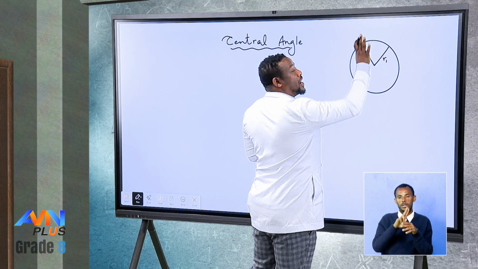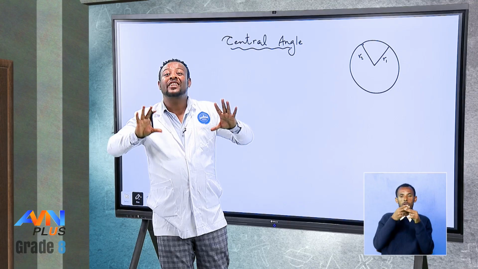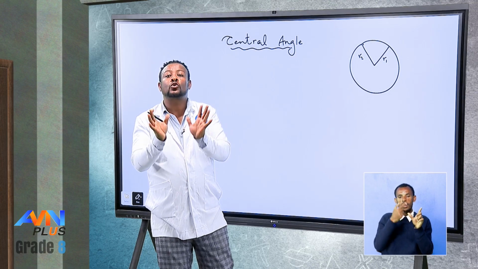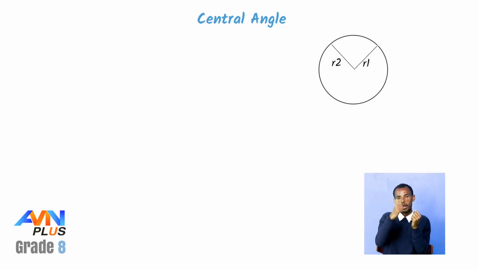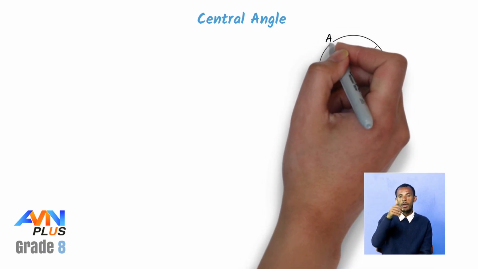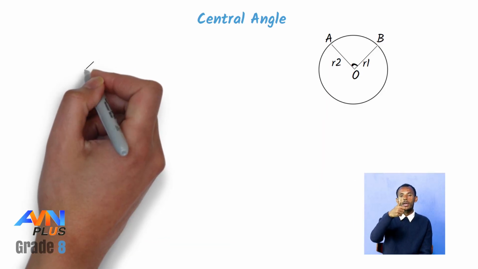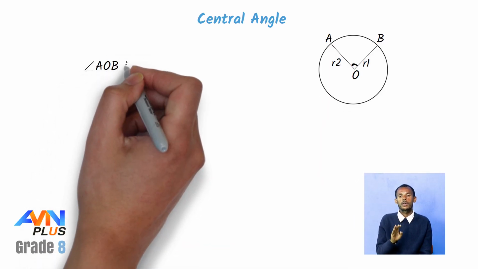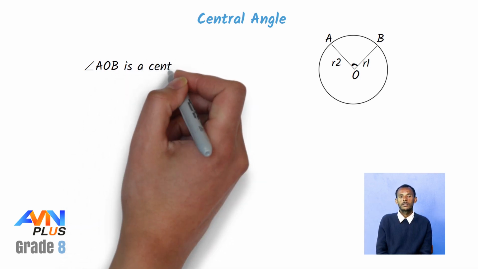Usually these two are the same, and we call it a central angle whenever we have two radii. The angle formed by any two radii is a central angle. Say we take certain points A and B here. So angle AOB is a central angle, okay?